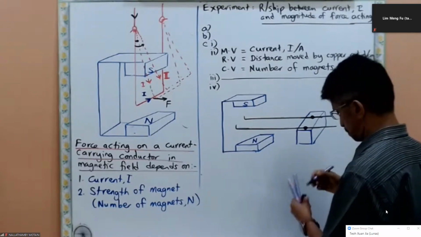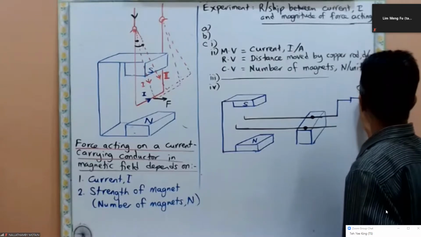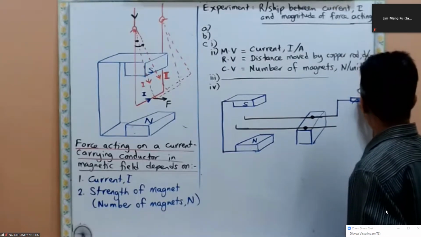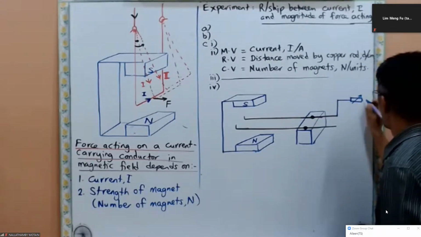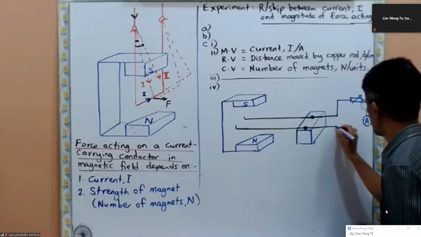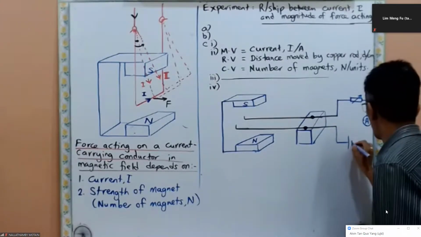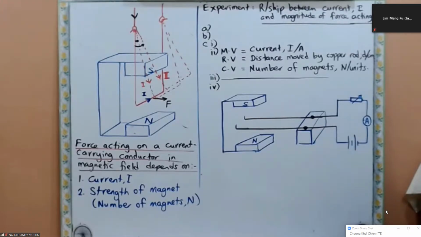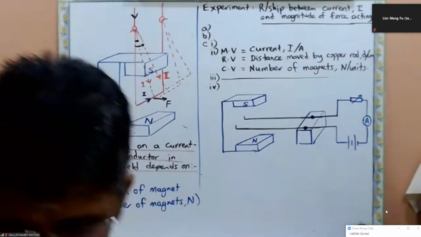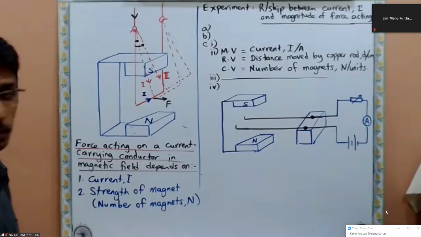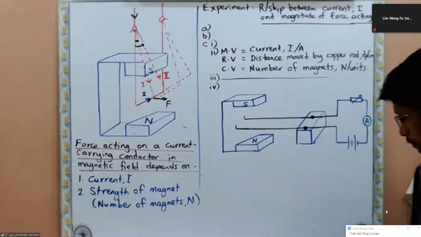Here I draw a rheostat, then here I put an ammeter, and a battery. Make it simple.